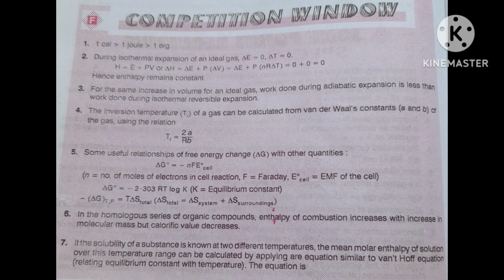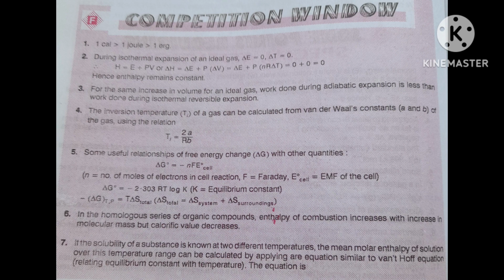Now here you are going to make one change. PV is equal to RT, you know. Hence now, in the place of PV you can write RT. Then you will get delta H is equal to delta E plus P into nR into delta T. n is the number of moles. For 1 mole, PV is equal to RT. But for n moles, PV is equal to nRT.